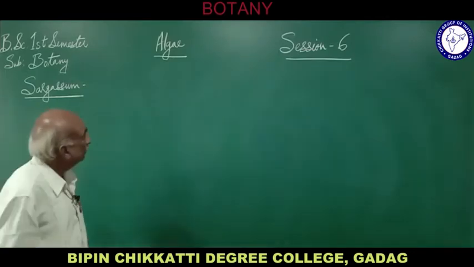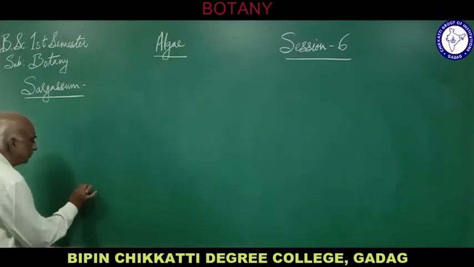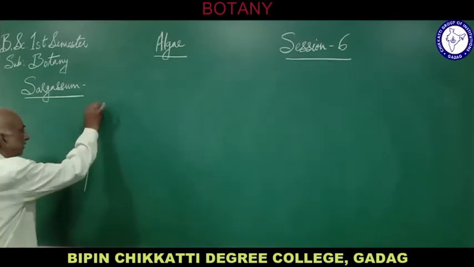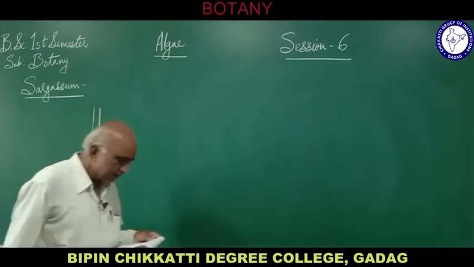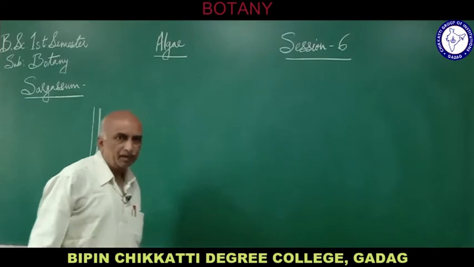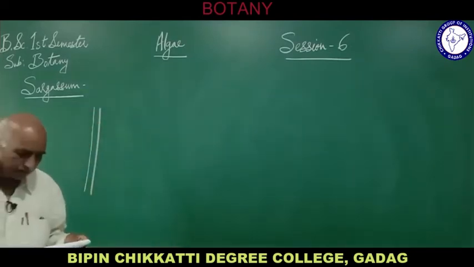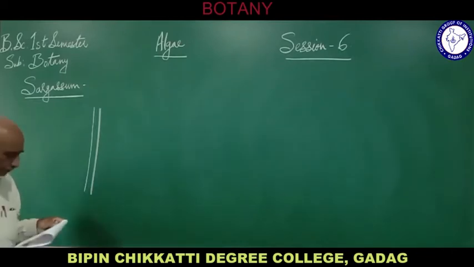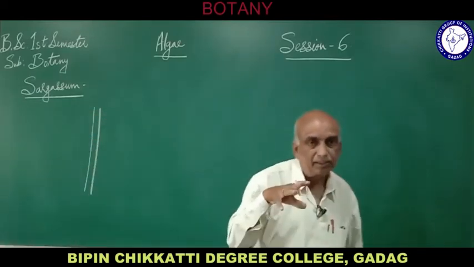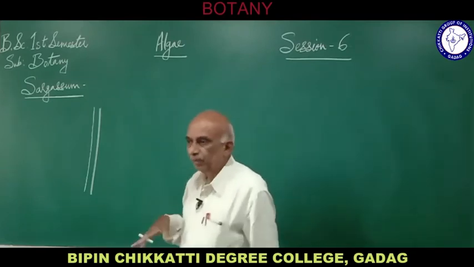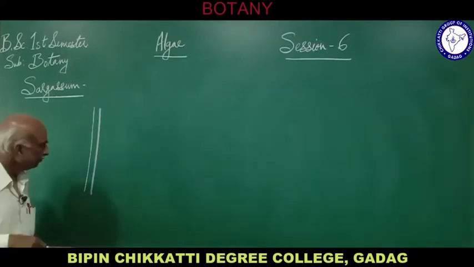Sargassum grows to a very tall height, about 30 centimeters in length when it is found attached. It is attached by the help of some root-like structures, and it has a grip, like a holdfast. It attaches to the substratum.